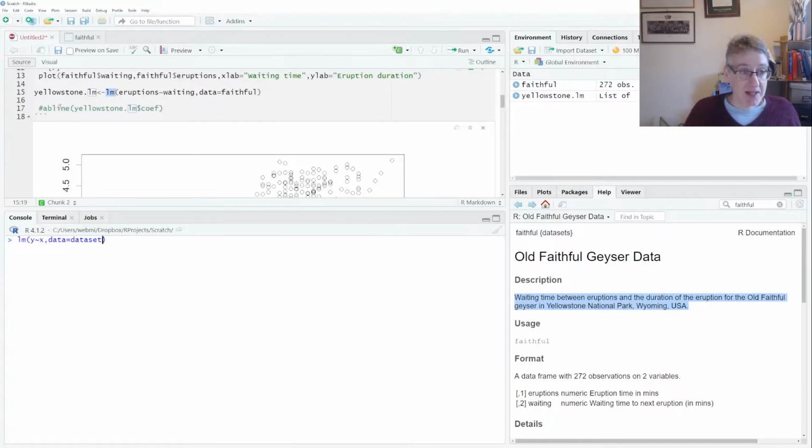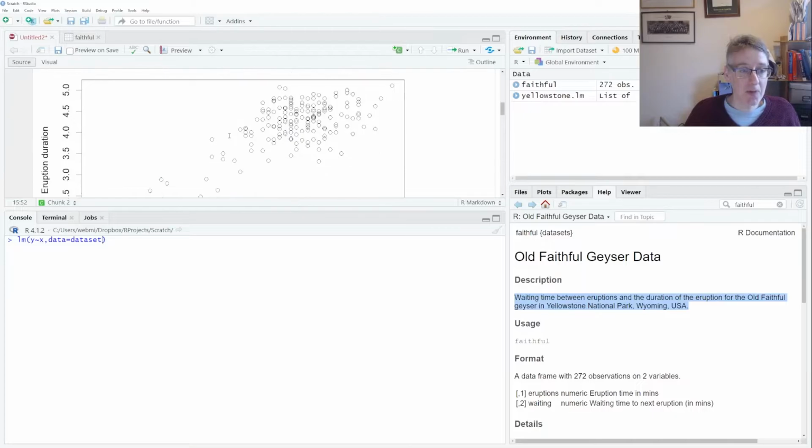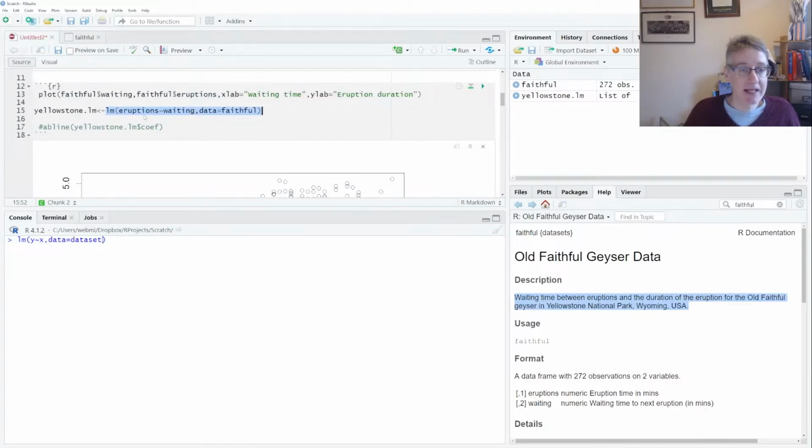So we're going to do this in this example. I'm going to fit the linear model of eruptions, which was my y data, against waiting, which was my x data. And the data set is, of course, faithful. All I'm doing here is assigning the output of this to a variable I'm calling Yellowstone.lm. I could just call this foo, that would be absolutely fine.